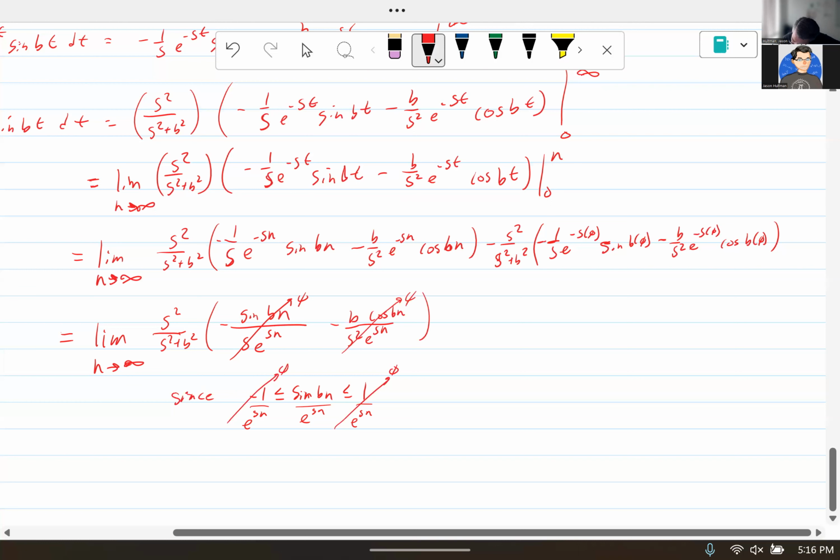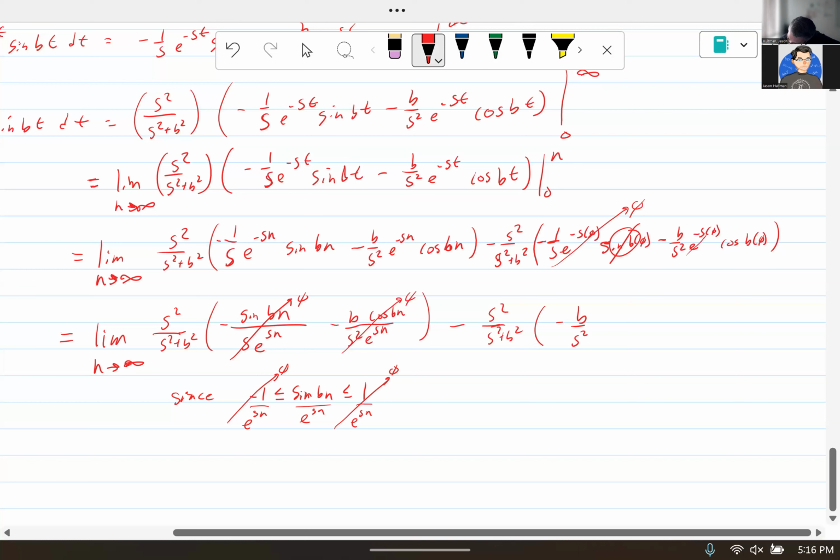And so then I'm left with negative s squared over s squared plus b squared. The sine of 0 is 0, so this thing goes to 0, which wipes out that thing. That whole thing goes to 0 because the sine of 0 is 0. And so this is that times negative b over s squared, times e to the 0, and then cosine b times 0 is just 1.